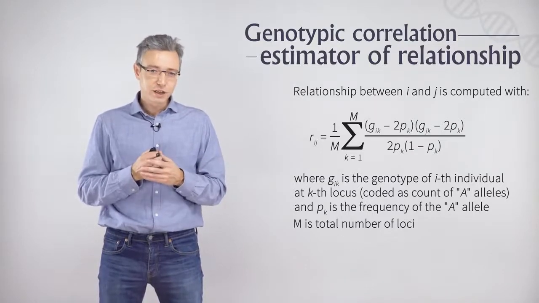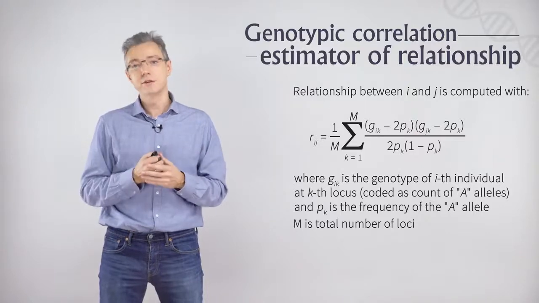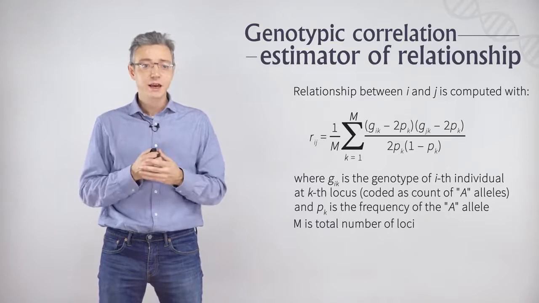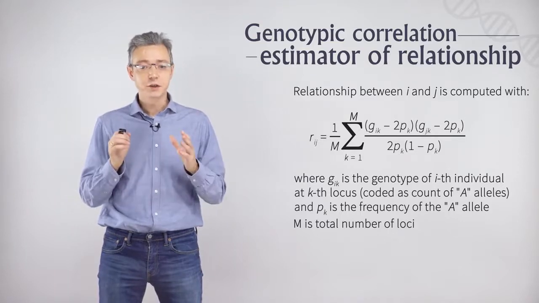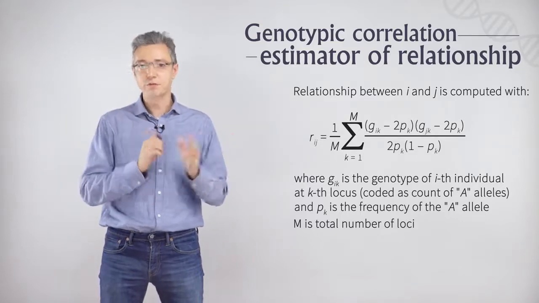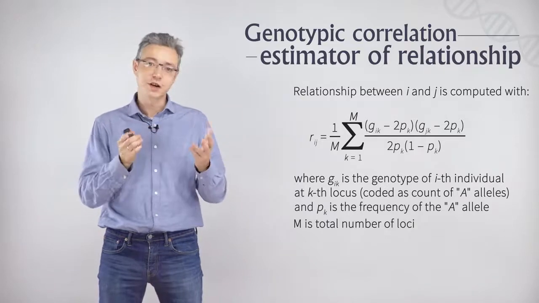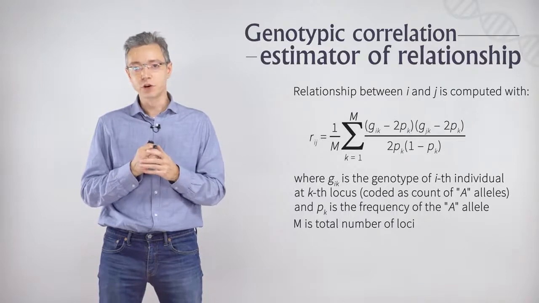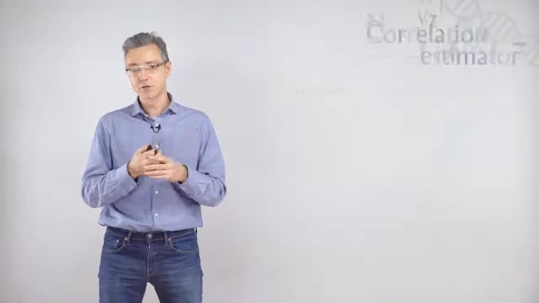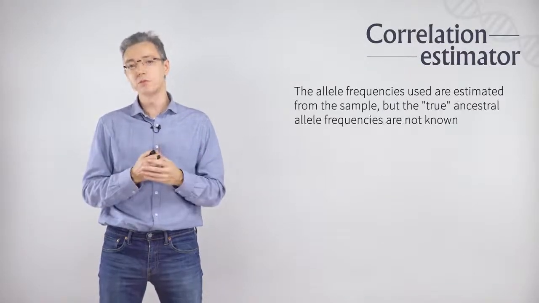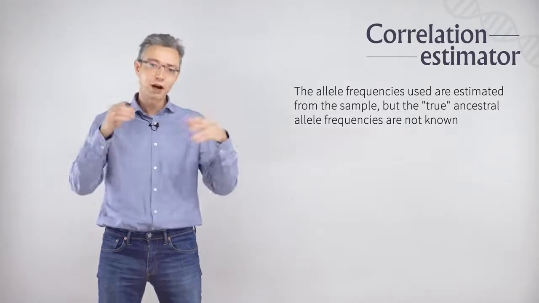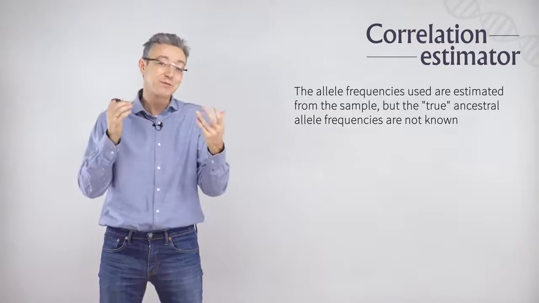One important thing to realize when you estimate the coefficient of relationship using genomic data is that you use frequencies of alleles in the formula which I've just demonstrated. Strictly speaking, for this estimate of relationship to be correct, you need to be using the frequencies of alleles which come from the founder population, which you don't observe.